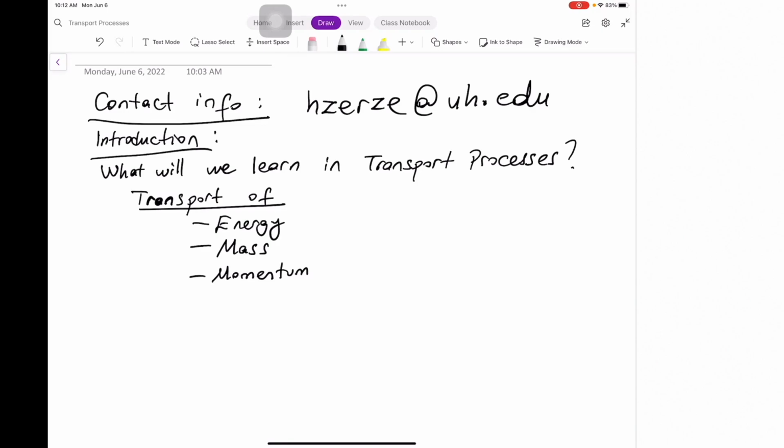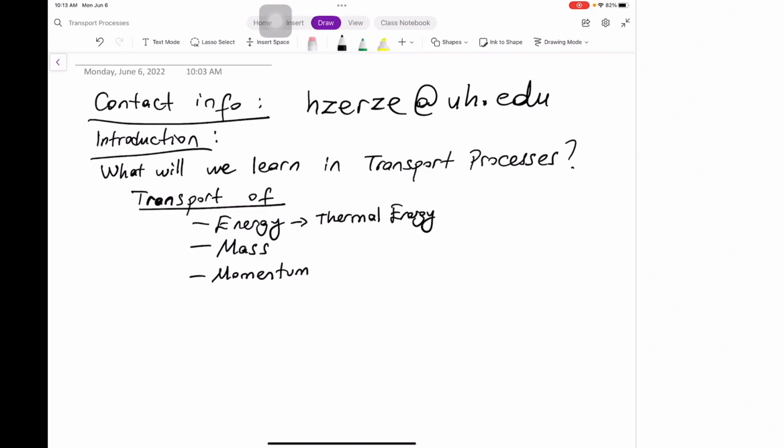In chemical engineering classes, when we say transport processes, we mean the transport of those three things. And mainly when we say transport of energy, we mean thermal energy generally. Not always, but generally.